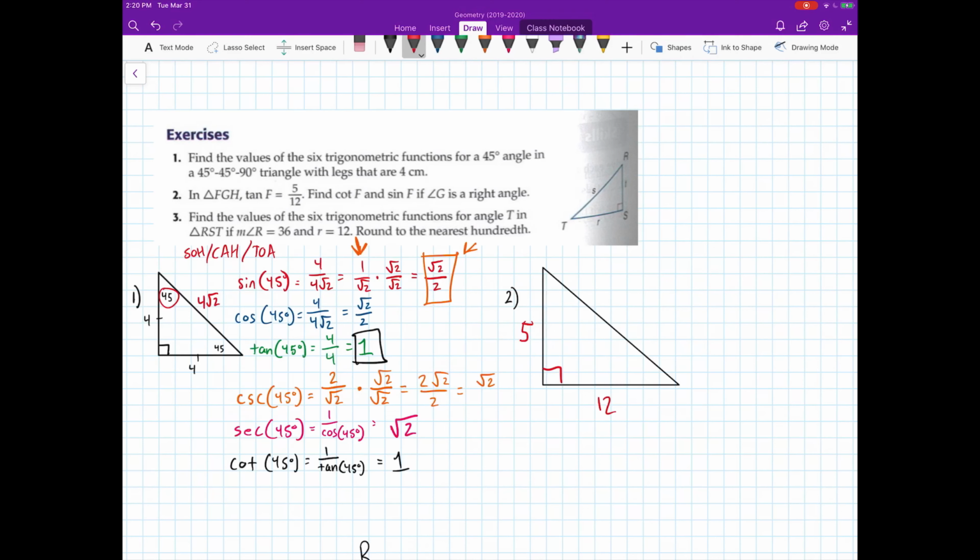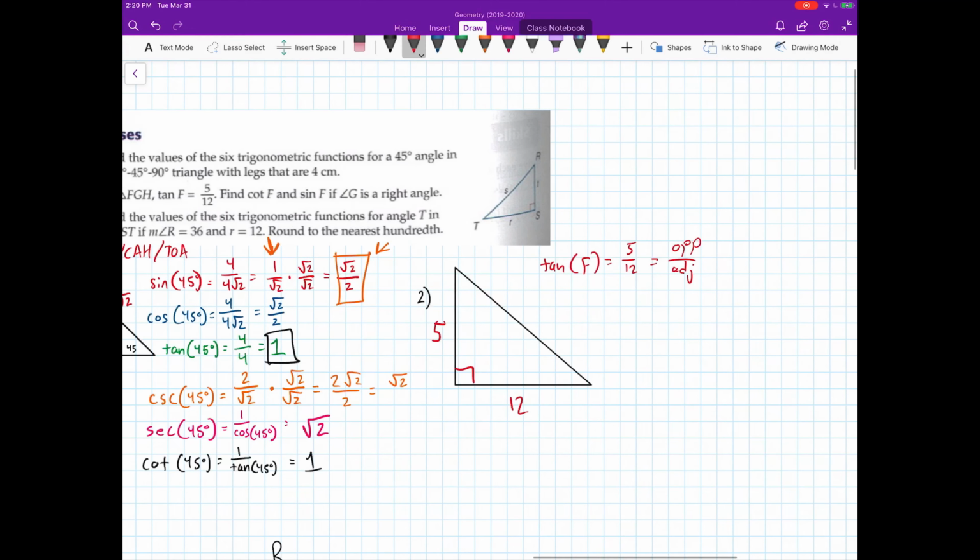And then I know that tan of F is equal to 5 over 12, and I know that tangent is TOA, opposite over adjacent.